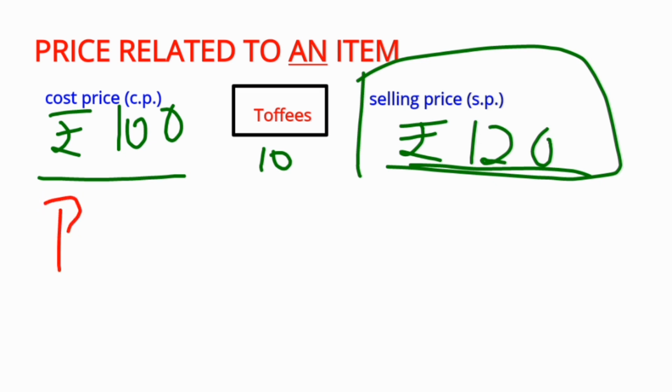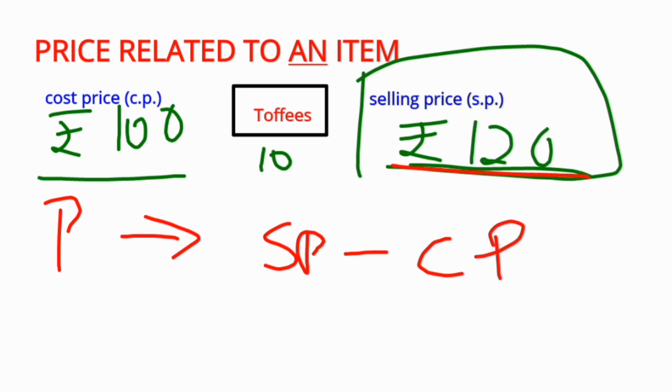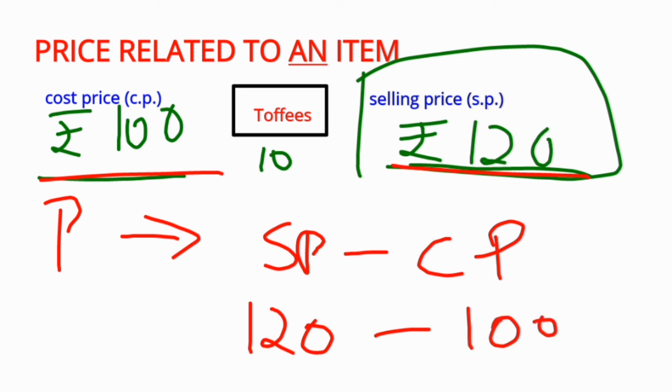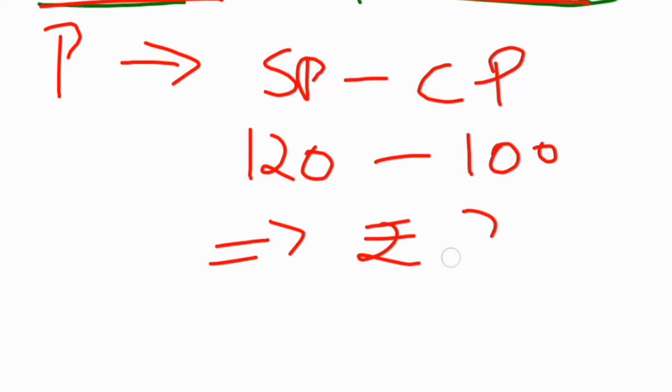So when we have to calculate profit, what we do, we subtract cost price from selling price, that is SP minus CP. Our SP is 120, so 120 minus CP is 100. So when you will subtract it, you will see that you have made a profit of rupees 20. Very good.